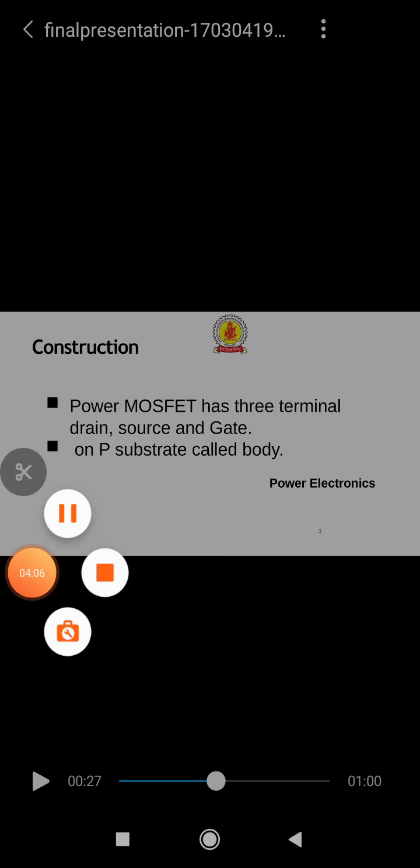On P substrate called body, two heavily doped N plus regions are diffused. An insulating layer of silicon dioxide is on the surface. Now the insulating layer is etched in order to embed metallic source and drain terminals.